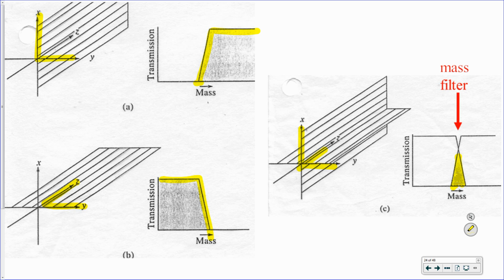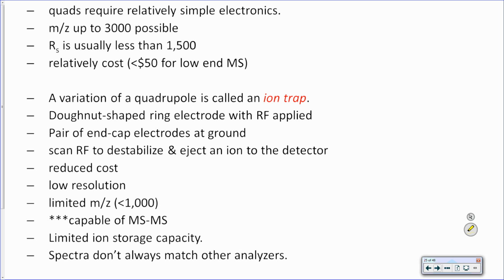Okay? And it really is, these are radio frequency controllers that you can put on the side of a board inside of a laptop computer. I mean, this is controllable technology that can be miniaturized, and they can make these things really small. So quadrupoles don't require that complicated electronics by today's standard.